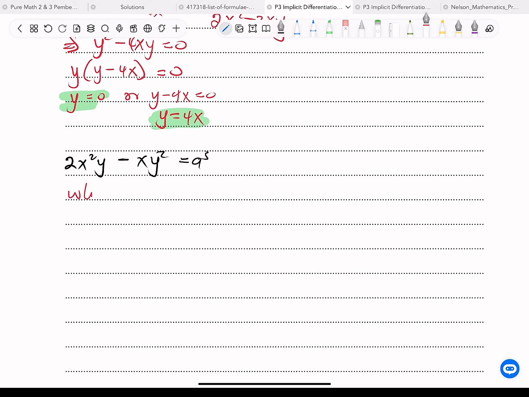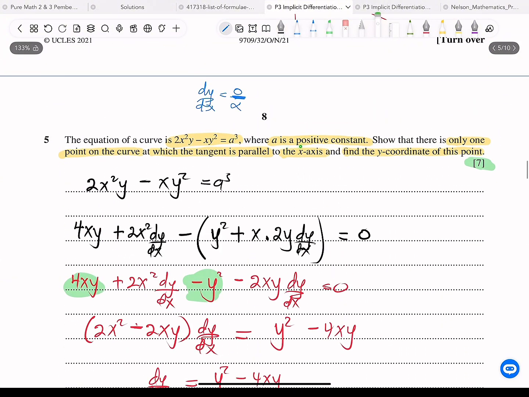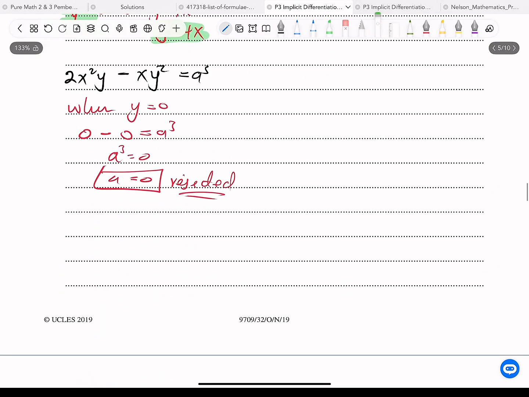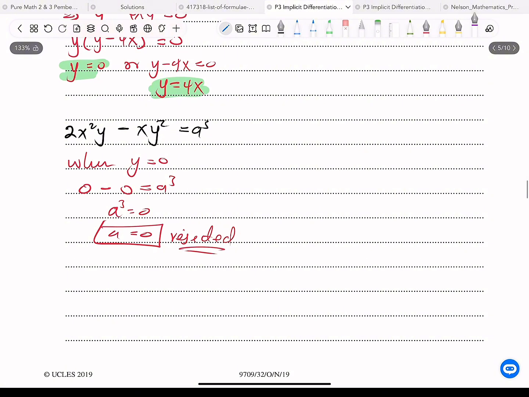When y is equal to 0, we get 0 minus 0 is equal to a cubed, and a cubed equal to 0, a must be 0, and this is rejected. Why is it rejected? Because the question told us that a is a positive constant and 0 is a neutral number, neither positive nor negative, so it doesn't fit the bill. So sorry, 0, we reject you.